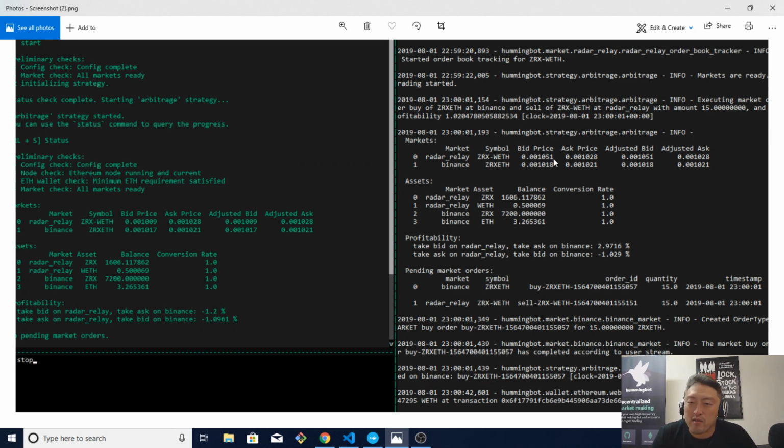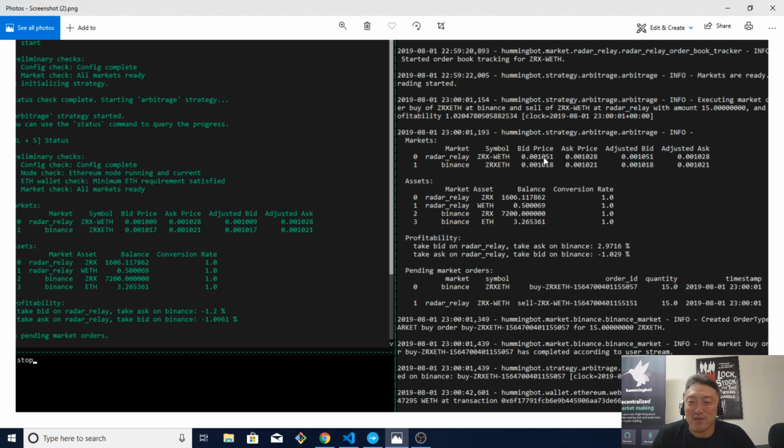But we had a situation earlier today on Radar Relay where someone was willing to buy 0x for 0.001051. And given the fact that on the same market, they were selling 0x for a lower price, this bid price here was clearly, I would say, incorrect.